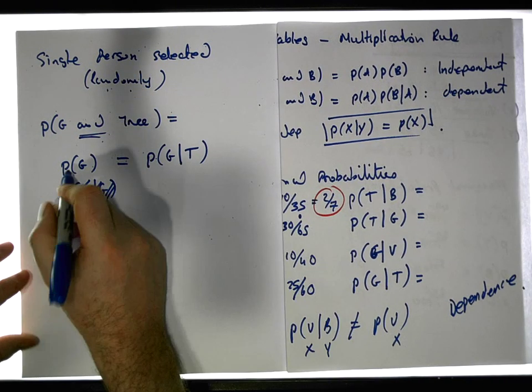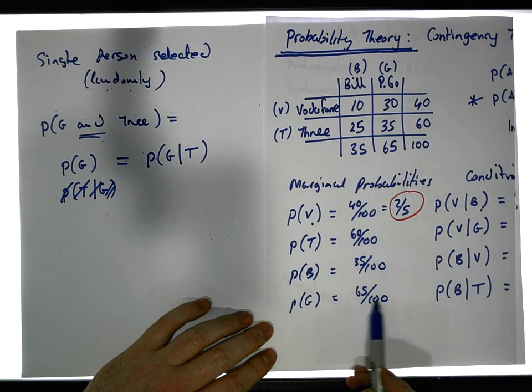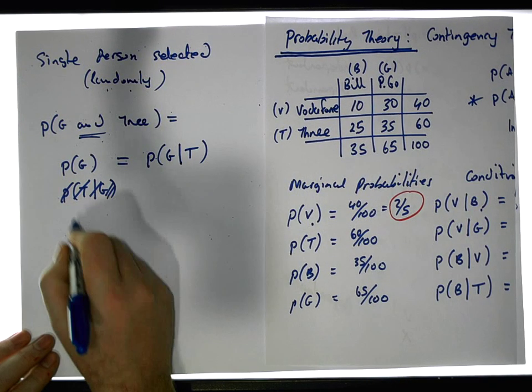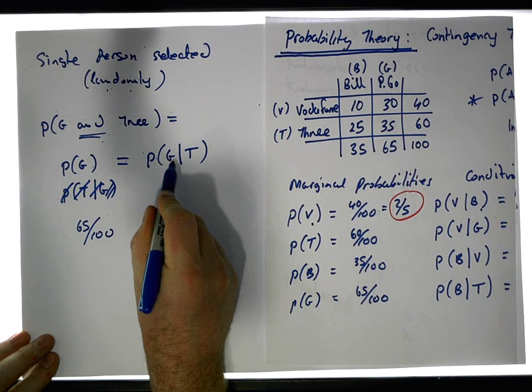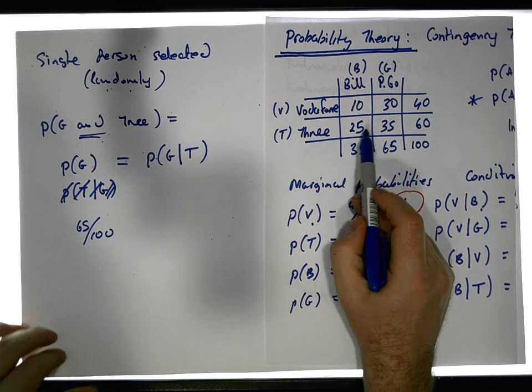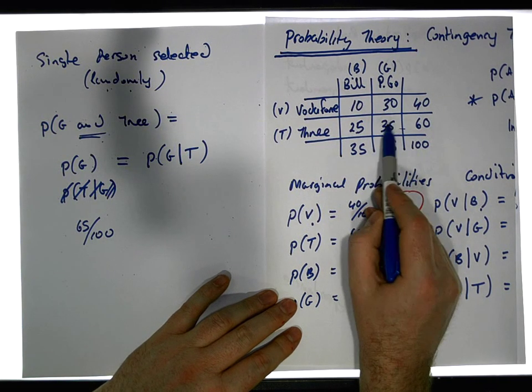So the probability that they're go, well, how many go customers? We've already done that. 65 chances out of 100. So this becomes 65 chances out of 100, and the probability that go, given that they're 3, so they're 3 customers, so they're along here, the probability that they're go, there's 35 chances out of 60.